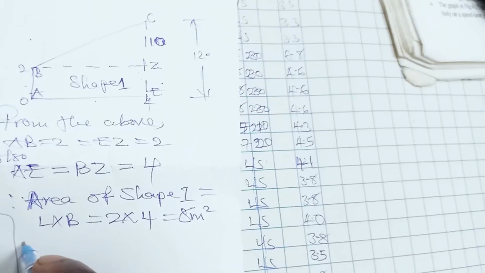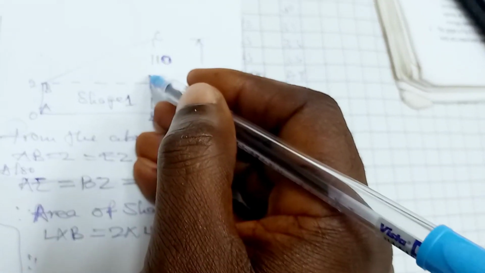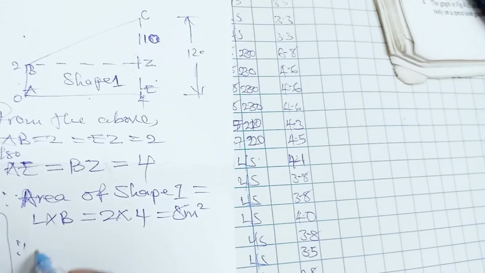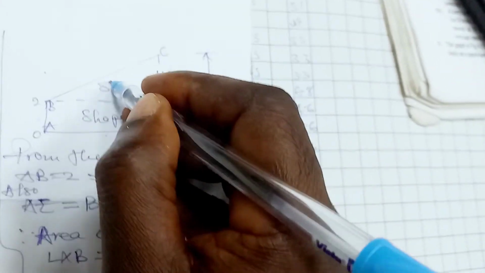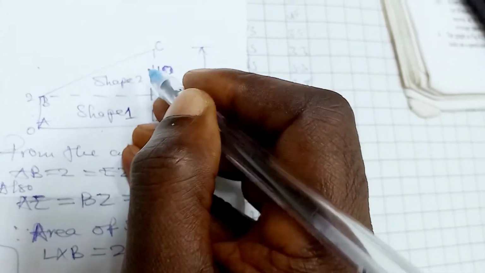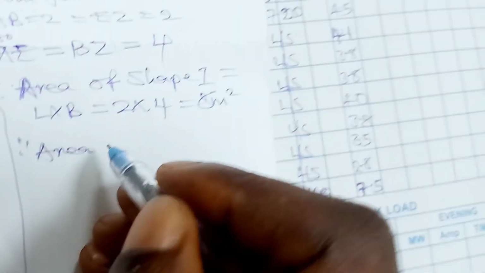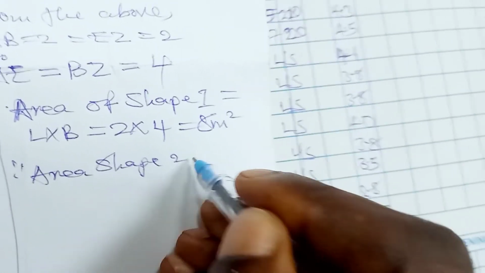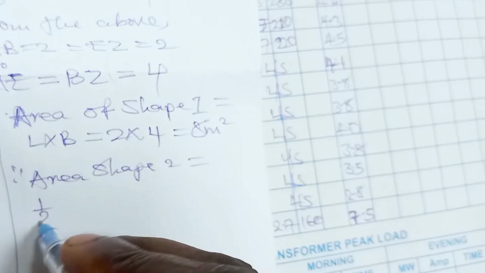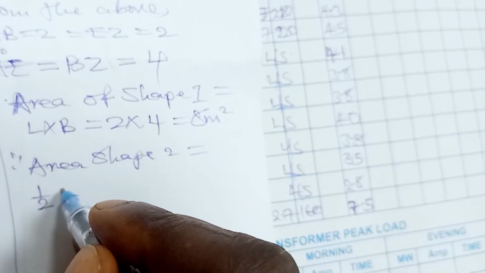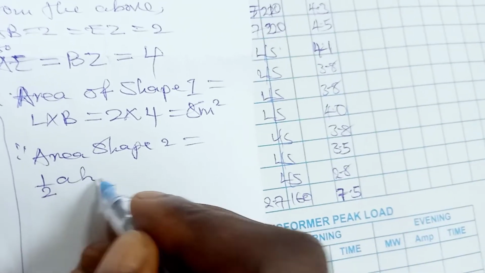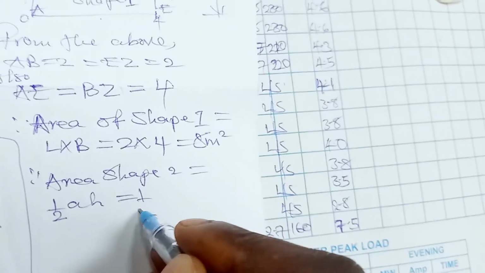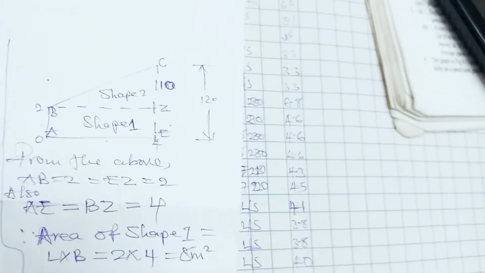Now let's calculate the area of this upper one. This is a right angle triangle. Let's call this shape 2. Area of shape 2 will give us 1/2 times A times H. What's your A?